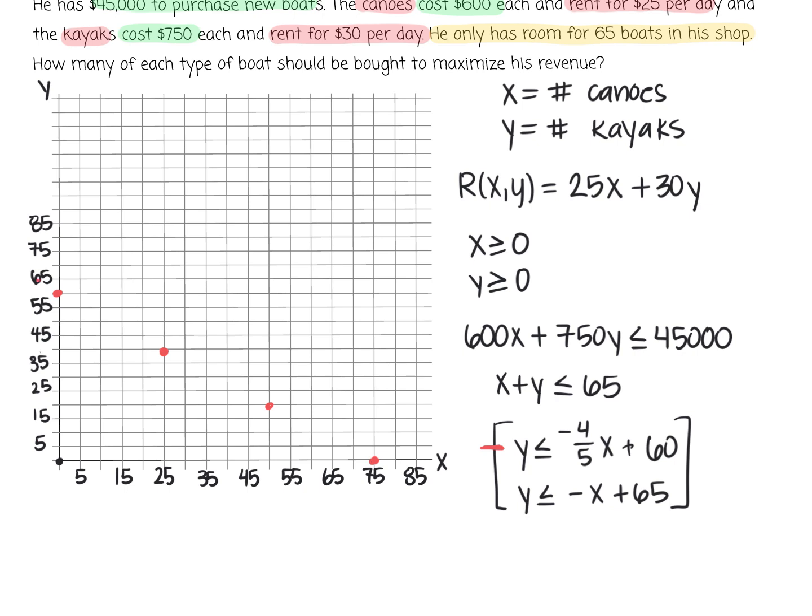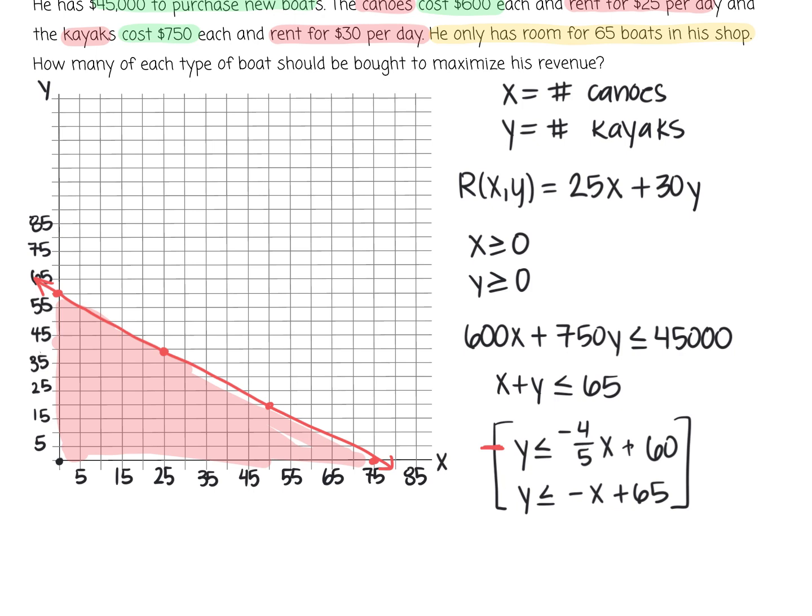Then I'm going to connect my points. And then my inequality is less than or equal to, which means we want to shade everything below that. And this is where the greater than or equal to 0 for the x and y comes in. So I'm only interested in the numbers above 0.